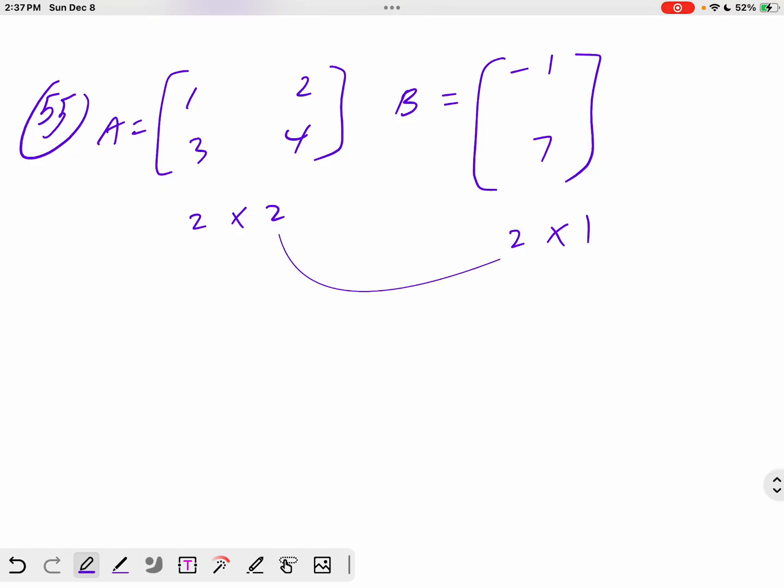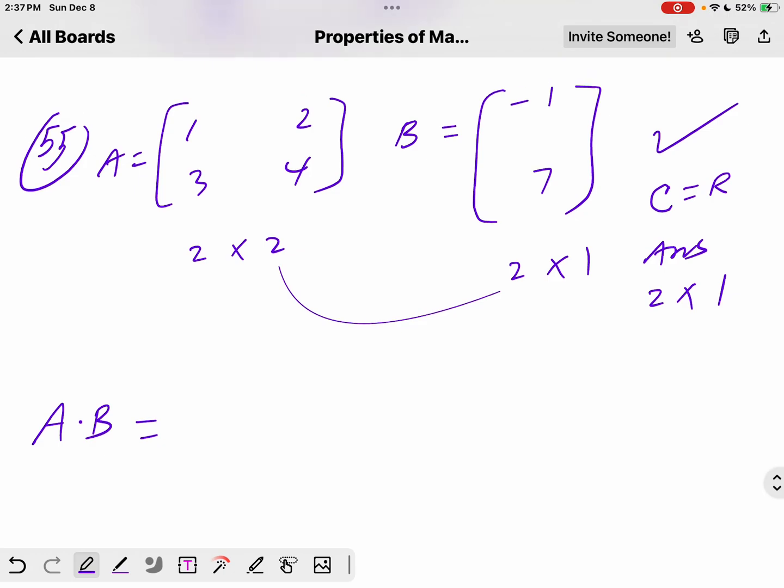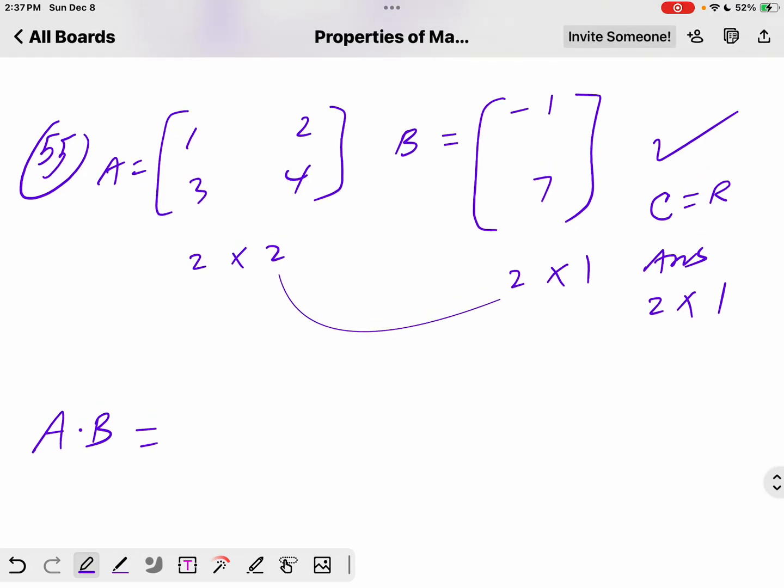So if you look here, these numbers must be the same. So the number of columns must be equal to the number of rows. In this case, yes. So A times B is possible. And your answer is going to be a 2 by 1 matrix. 2 by 1. So 2 rows and 1 column.